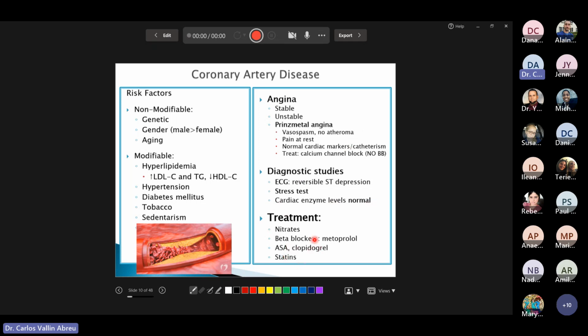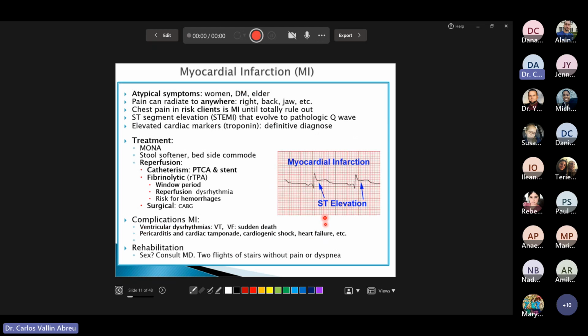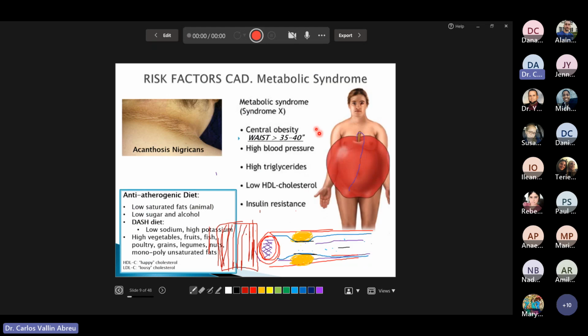As I mentioned before, the treatment is with medication, including nitroglycerins, beta blockers, calcium channel blockers, aspirin, clopidogrel, and statins. But when there is a myocardial infarction, it's because the plaque became broken and a clot formed there.